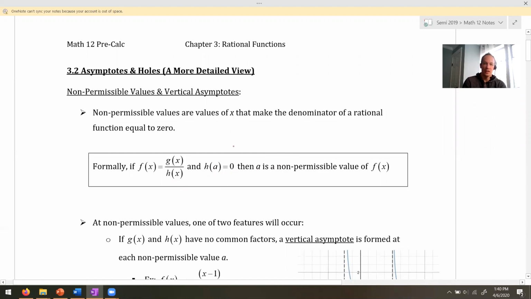It's basically saying any number you put in there for x, if it makes the denominator 0, then it's a non-permissible value. Instead of non-permissible value, I'm going to write NPV just so people know.